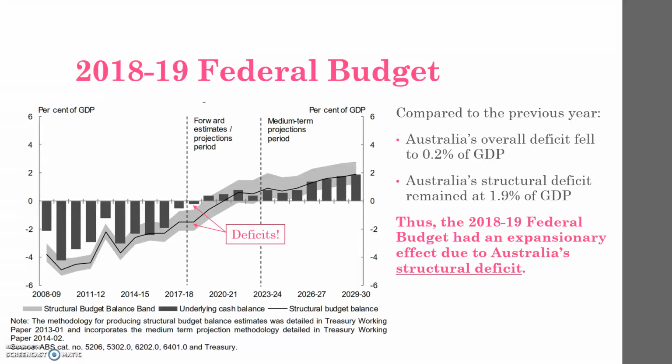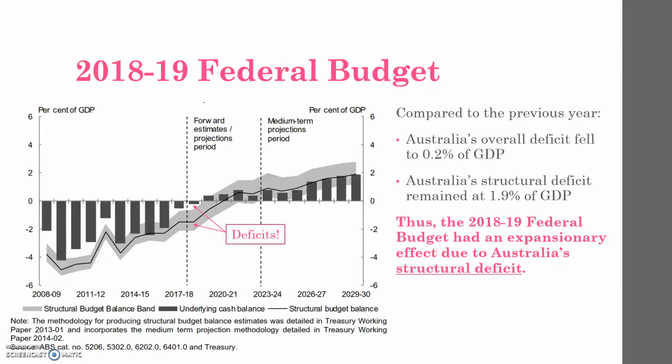So we can have a look at the 2018-19 year, so the year that is slightly to the right of the leftmost dashed line, and you can see that both the structural budget balance, which is the line, and the column, which is the overall balance, are both in deficits. So what are those figures exactly?